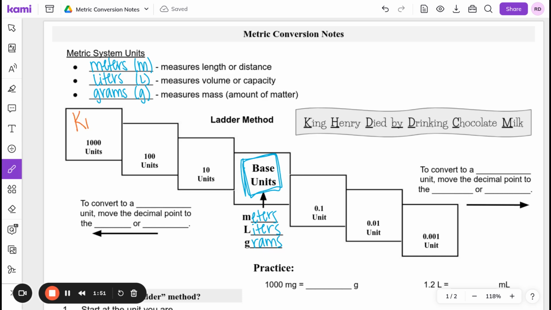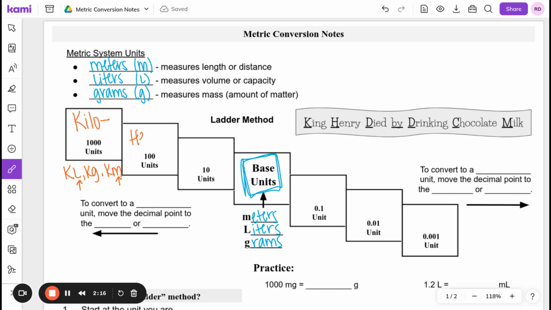And all of these start with this prefix kilo. So you have a kiloliter, kilogram, and a kilometer. So what that means is there are 1,000 liters in a kiloliter, or 1,000 meters in a kilometer. So sounds the biggest because it is.